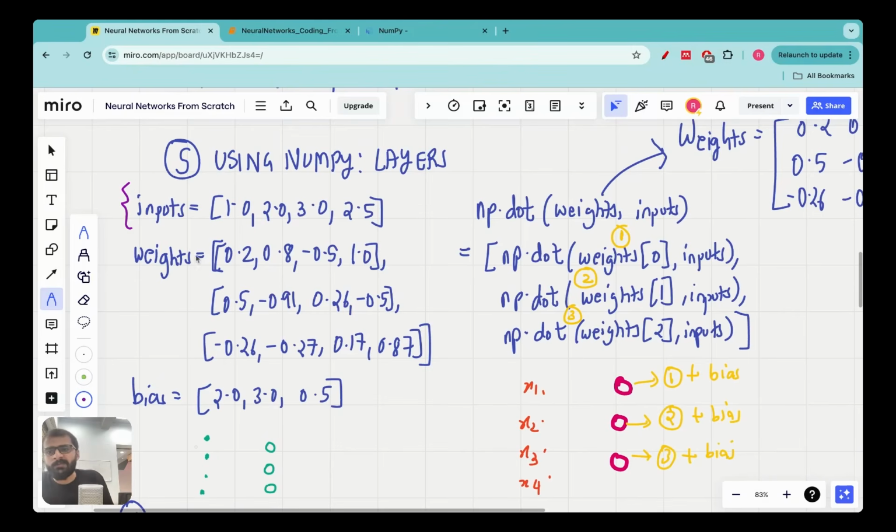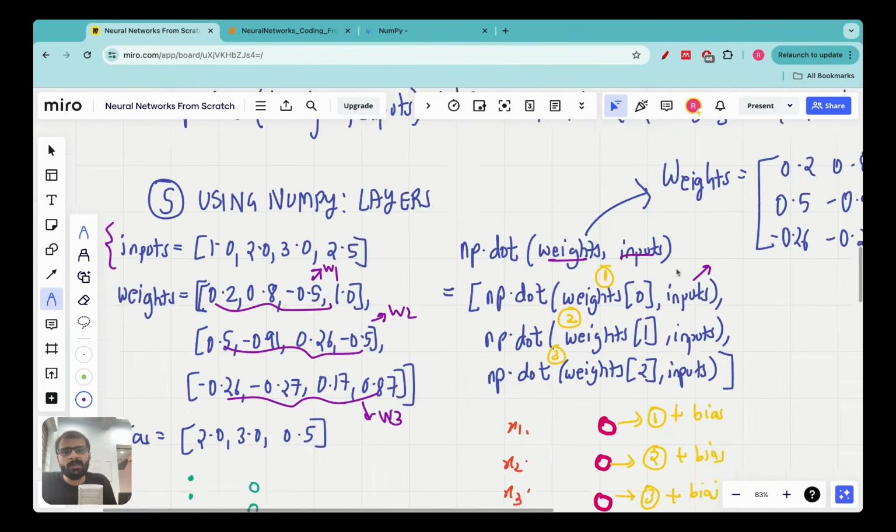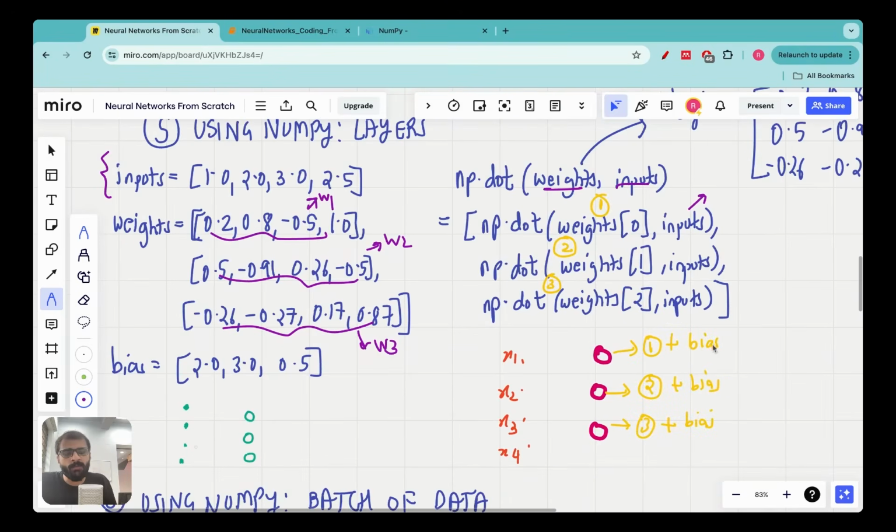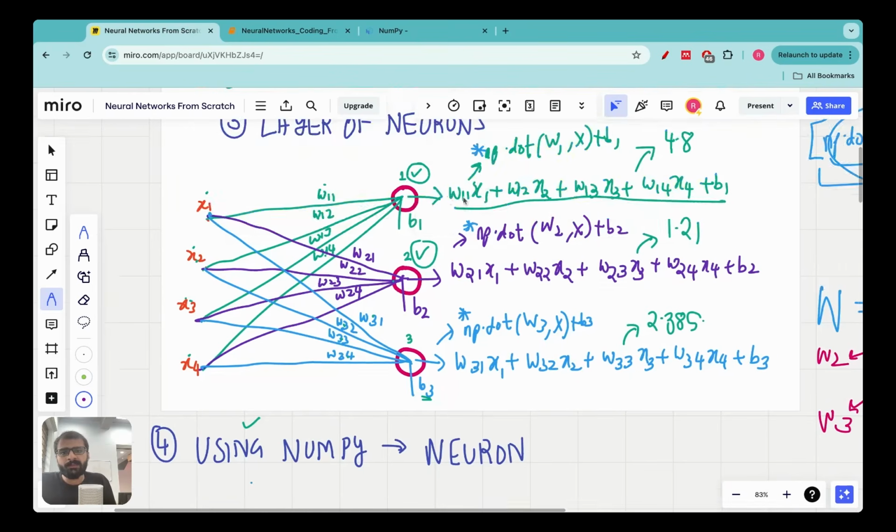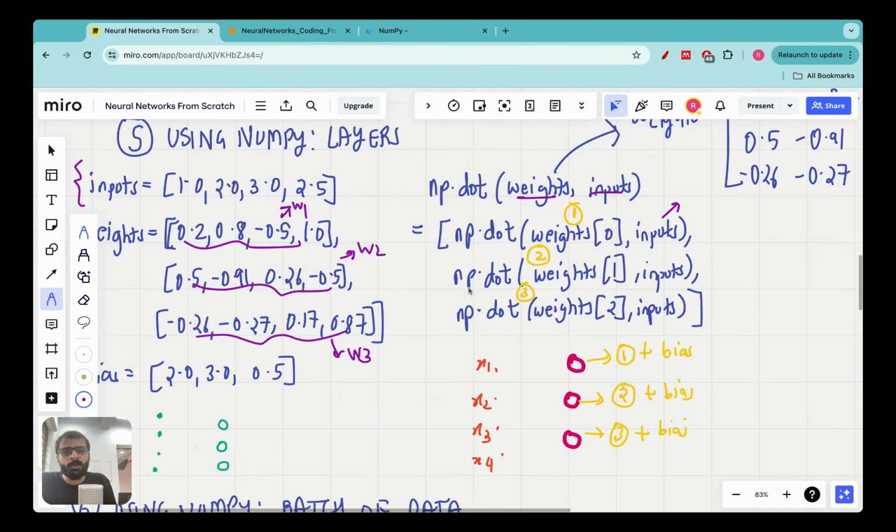Let's say these are the inputs, four inputs. This is my W1, this is my W2, and this is my W3. We are going to do np.dot of weights and inputs. This means we'll first take the dot product of the first row, which is W1, and the inputs. This is actually the output of the first neuron when we add bias to it. Then the second element of the resultant vector would be the dot product between W2 and the input.